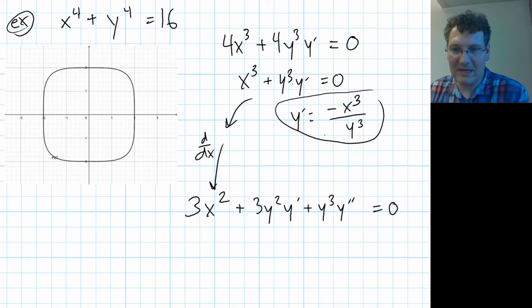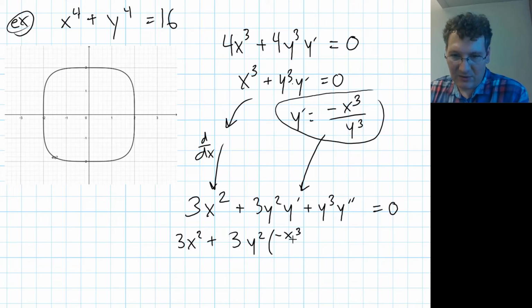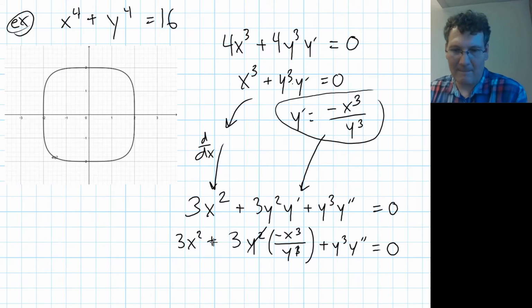I'm now going to take this expression and plug it in for y prime to get 3x squared plus 3y squared times negative x to the third over y to the third plus y to the third y double prime equals 0. So I've got this y squared and y squared down below cancel, so I'll just have the y.